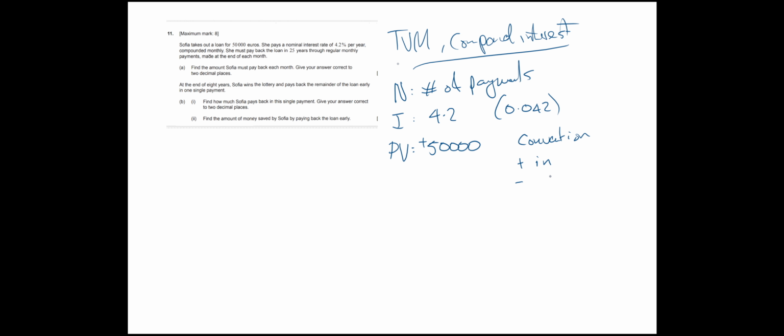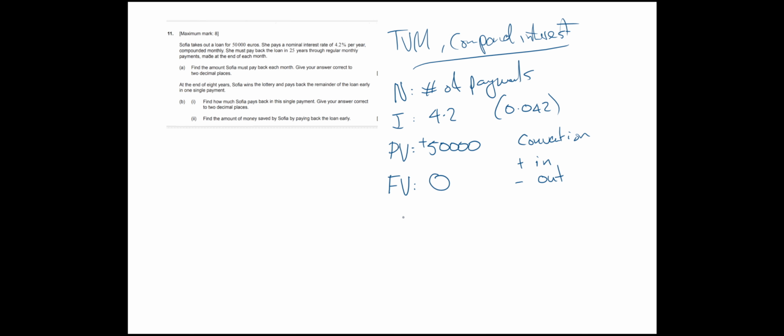If it's leaving your pocket, it's negative. So that's how much you get right now. And you want to make it so the future value of that is equal to zero. We want to pay it off.